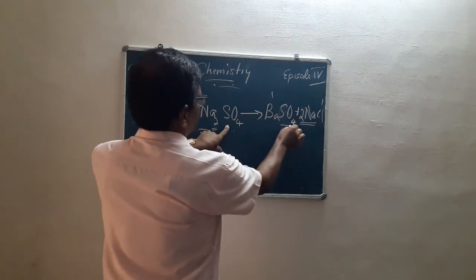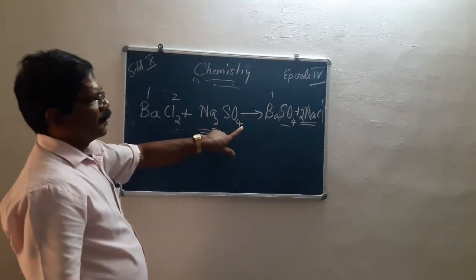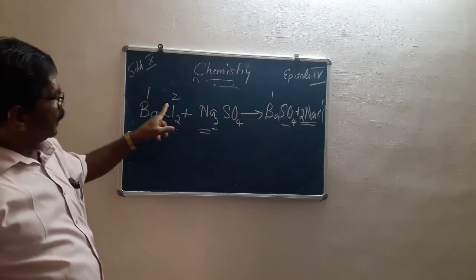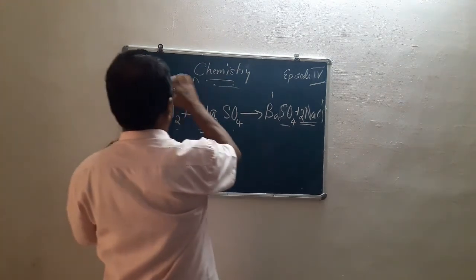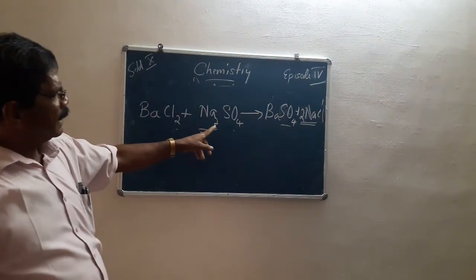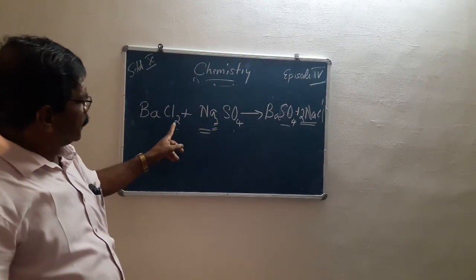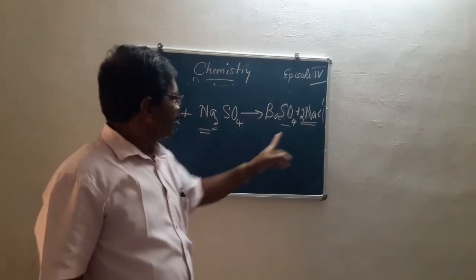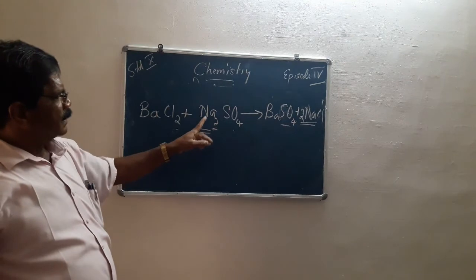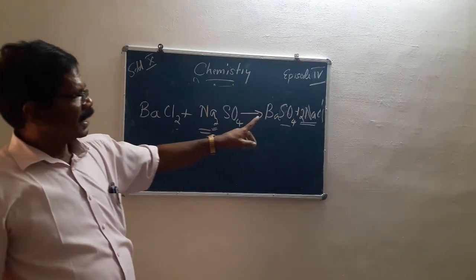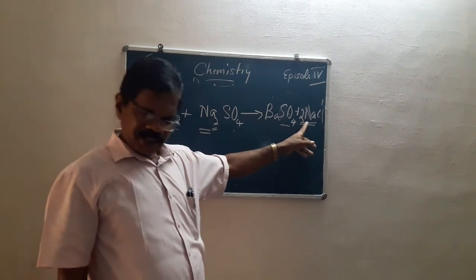SO4 1 here, SO4 1 there, so it is also balanced. The balanced chemical equation is BaCl2 plus Na2SO4 gives BaSO4 plus 2NaCl. When barium chloride is added to sodium sulfate solution, a precipitate of barium sulfate and sodium chloride are formed.